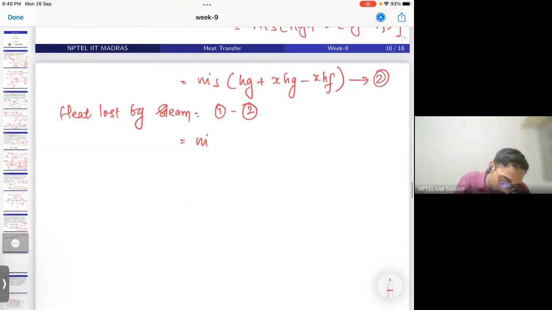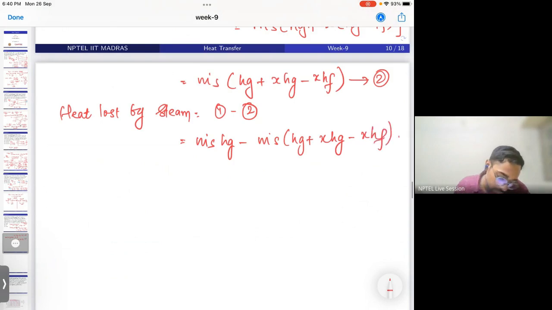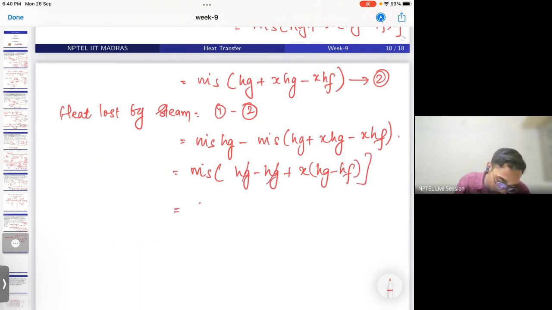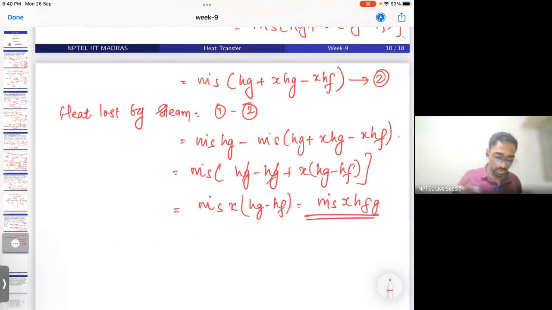So m dot s Hg minus m dot s Hf plus X times Hg minus X times Hf. If I write Hg minus Hf plus X times Hg minus Hf, this cancels. So m dot s X Hg minus Hf, this is m dot s X times Hfg. So this is the heat lost by the steam.